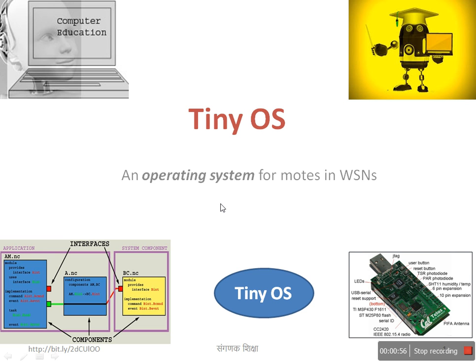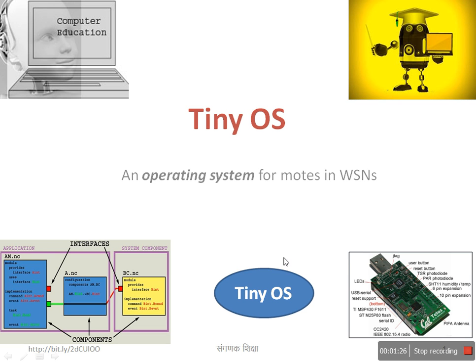The operating system provides an interface between the hardware and a user-defined program. Whenever we write some code for our wireless sensor network and want to embed this code on the hardware, an operating system is needed in order for your program to communicate with the hardware.